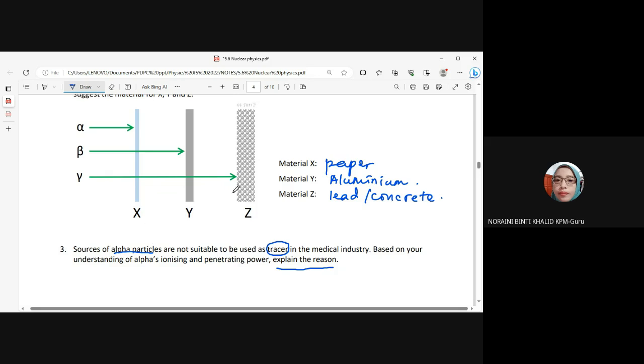Okay, kita biasa pakai gamma. Gamma very high penetrating power and low ionizing power. Dia bagus. Dia boleh kill the cell but not ionize. Itu beza dia.